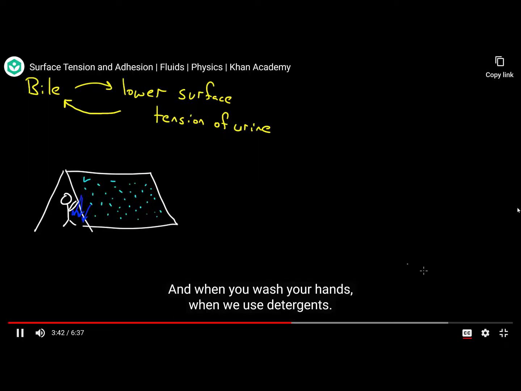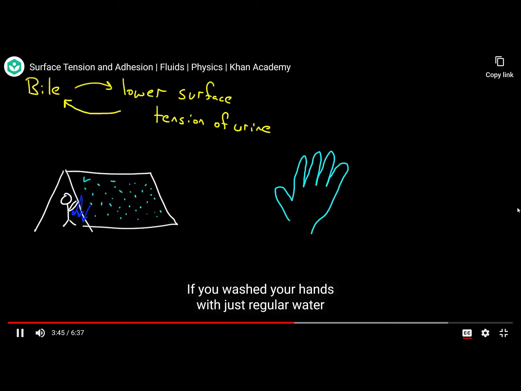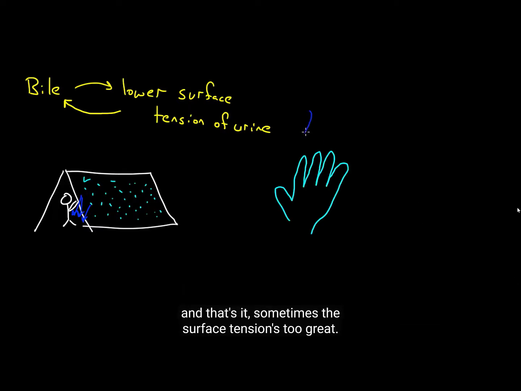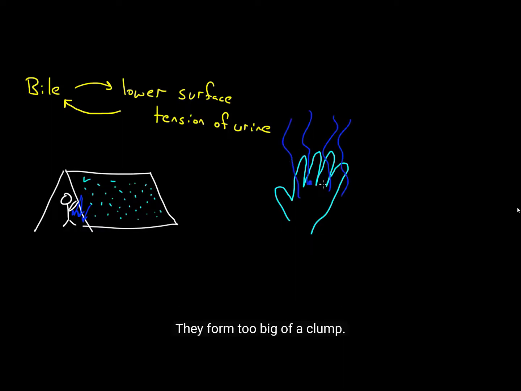And when you wash your hands, when we use detergents, if you washed your hands with just regular water and that's it, sometimes the surface tension's too great. These water molecules are too bound to each other. They form too big of a clump. It doesn't look like it. It looks perfectly smooth. But on a microscopic level, the water's not as diffuse as it could be. It's forming these clumps because the water has cohesion and it joins together.